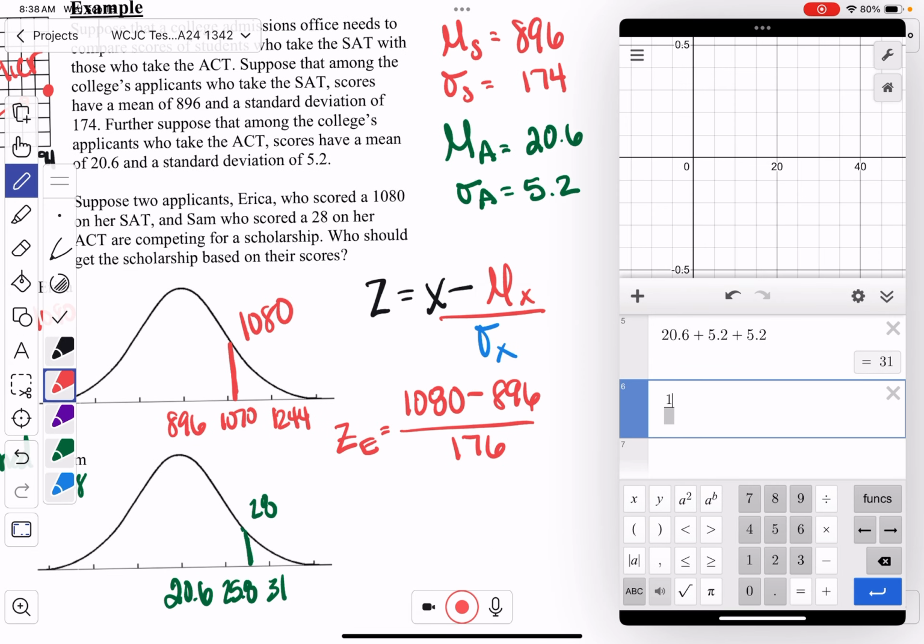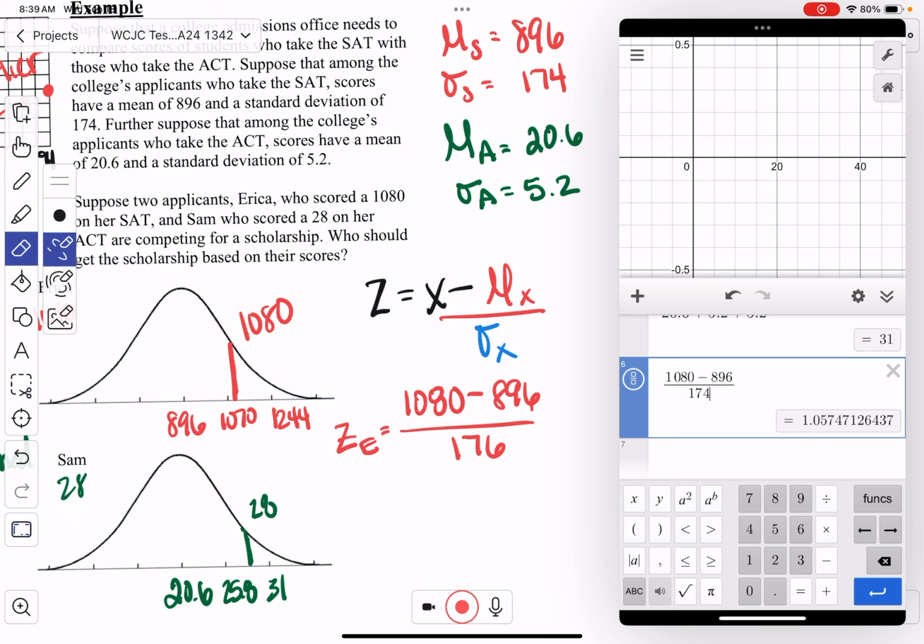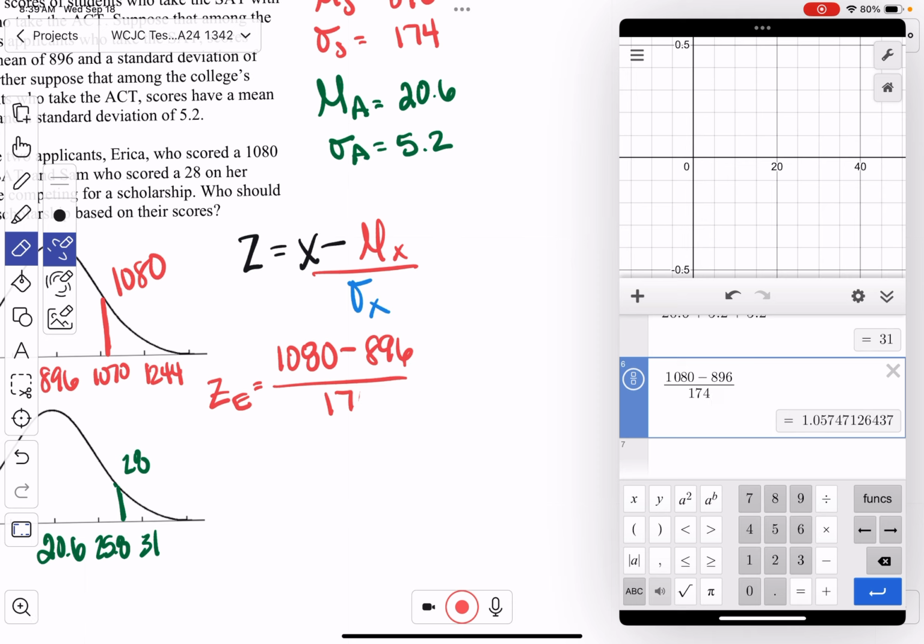So we do 1080 minus 896 divided by 174. And I get this equal to 1.06.